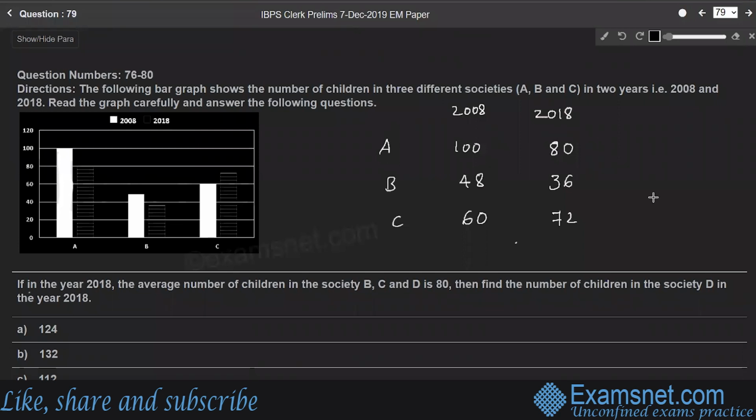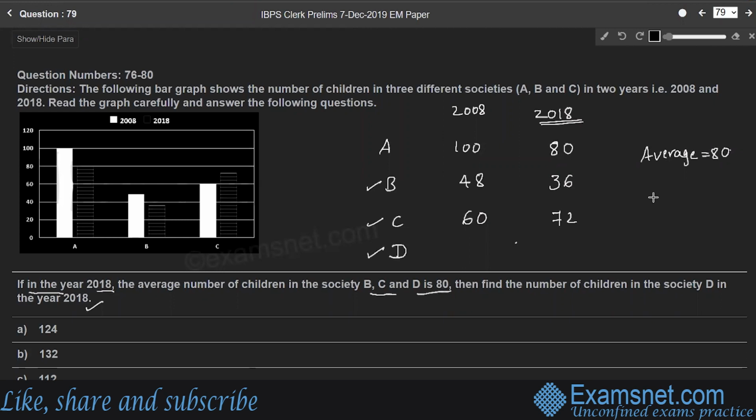Question 79. If in the year 2018, the average number of children in society B, C and D is 80, then find the number of children in society D in the year 2018. So let us consider one more society D. The average is 80 here, in society B, C and D together.